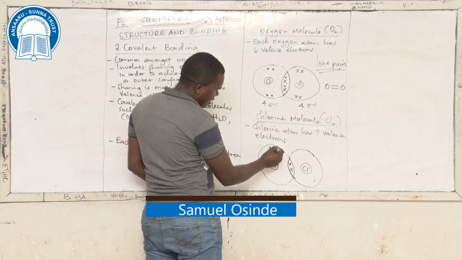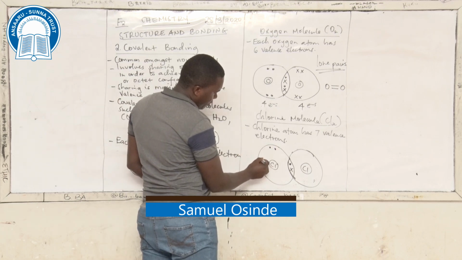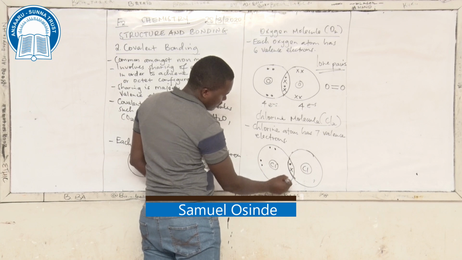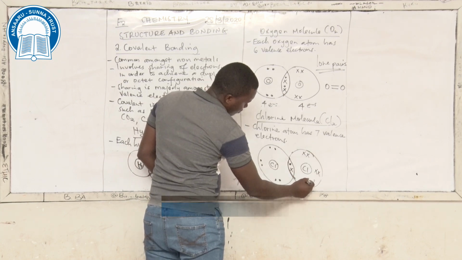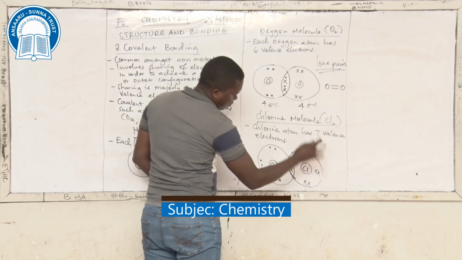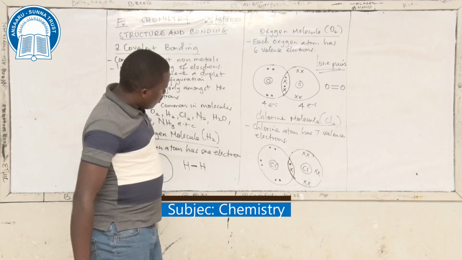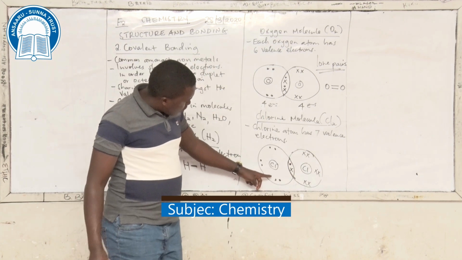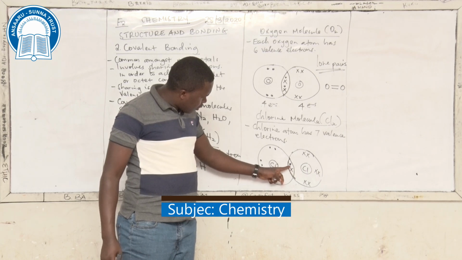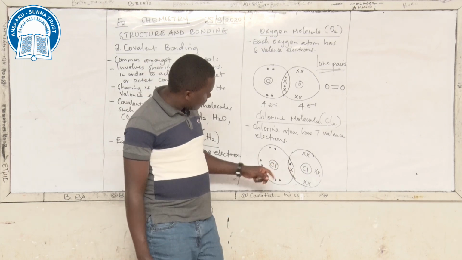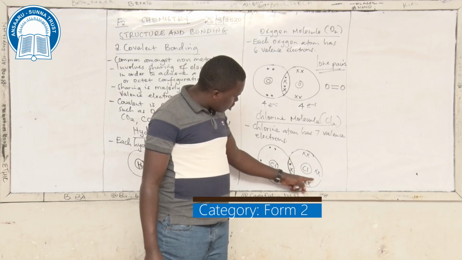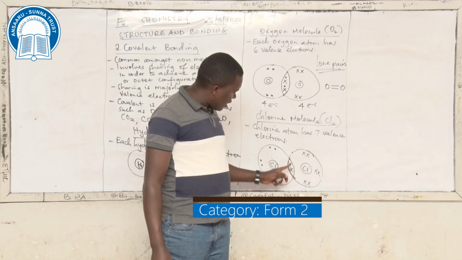So the 6, these are the lone pairs, then the other 6. So now each chlorine atom has 8. 1, 2, 3, 4, 5, 6, 7, 8. Octet. 1, 2, 3, 4, 5, 6, 7, 8.